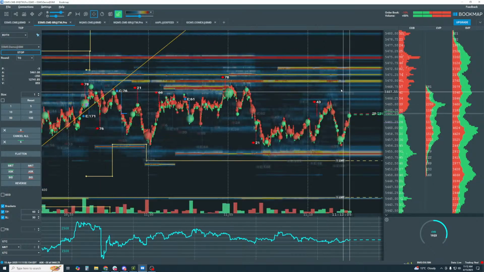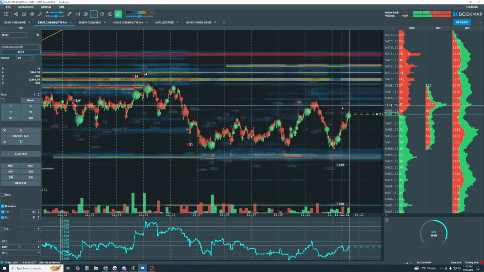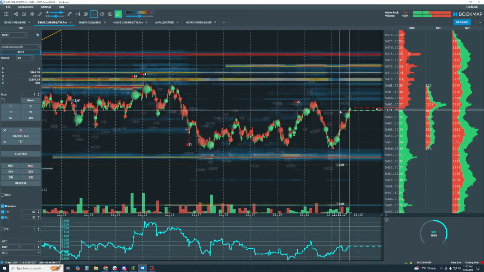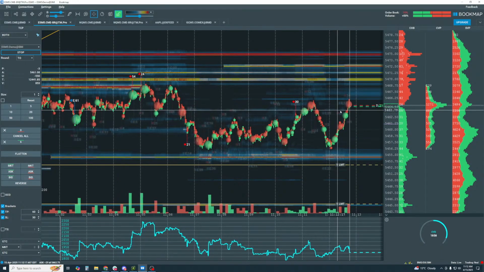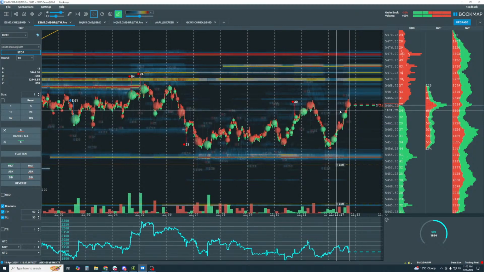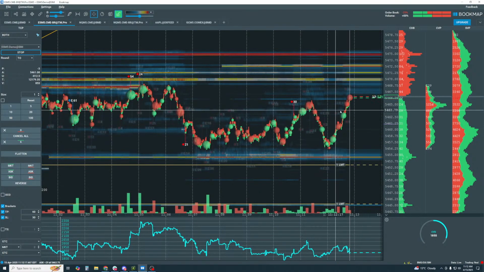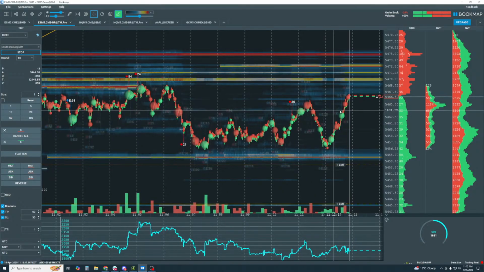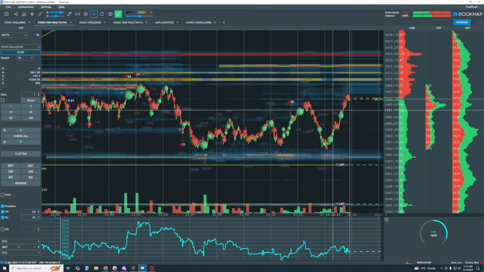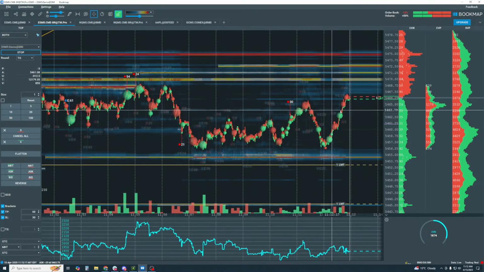Okay, another thing. We've been talking about some ideas for trading in this kind of environment. Another one that I think is really important is to be prepared for a very volatile move to unfold.